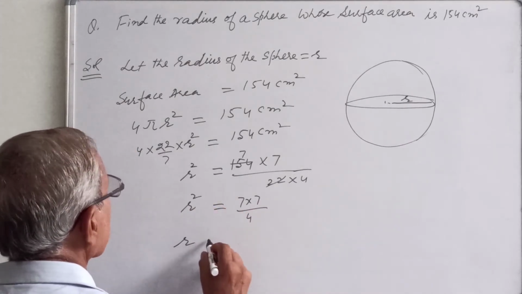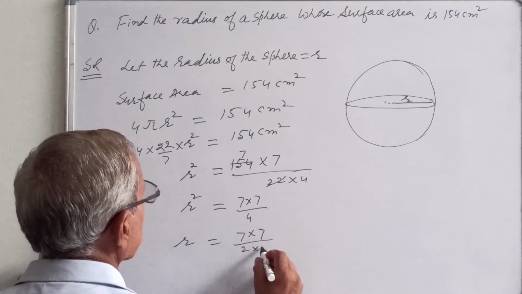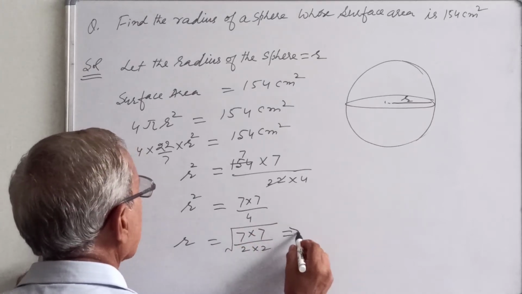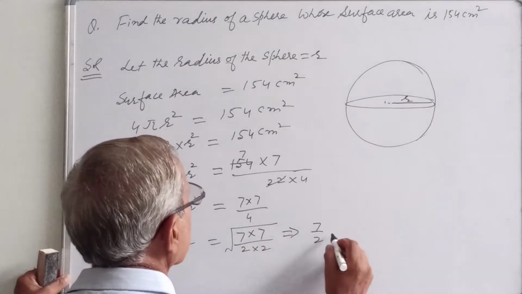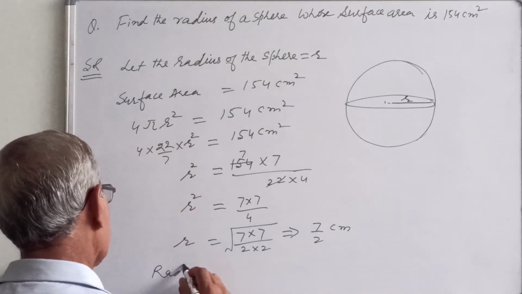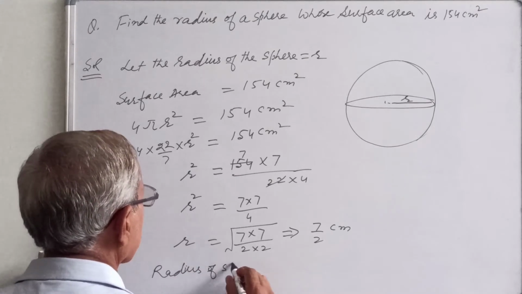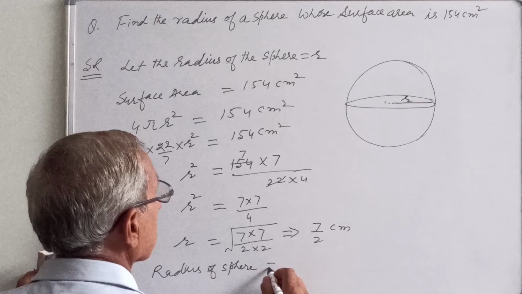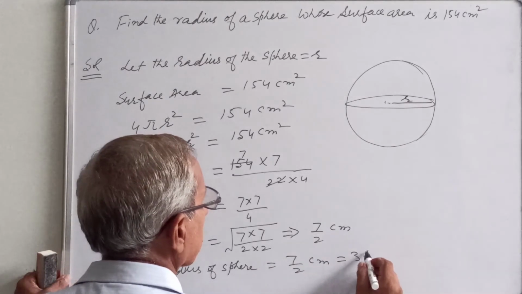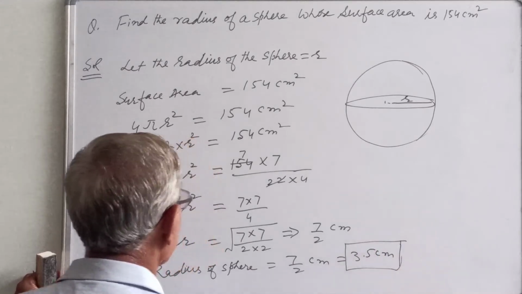So R will be the square root of that. So value of R will be 7 upon 2 centimeters. The radius of sphere will be 7 upon 2 centimeter. That is 3.5 centimeters. That is the answer.